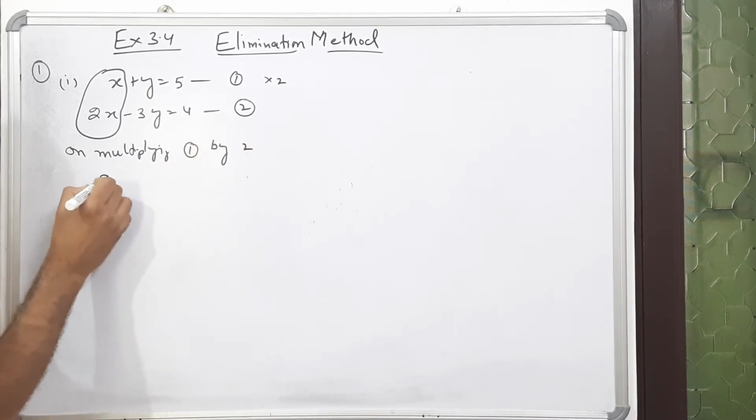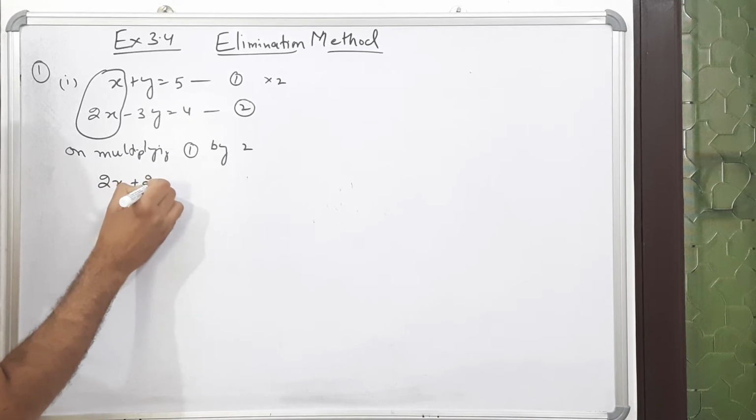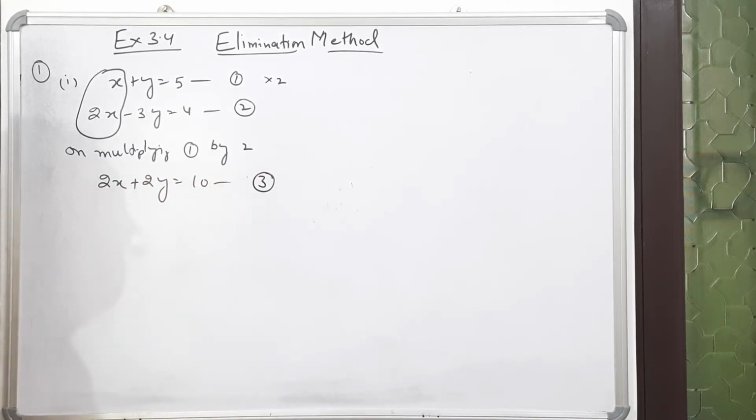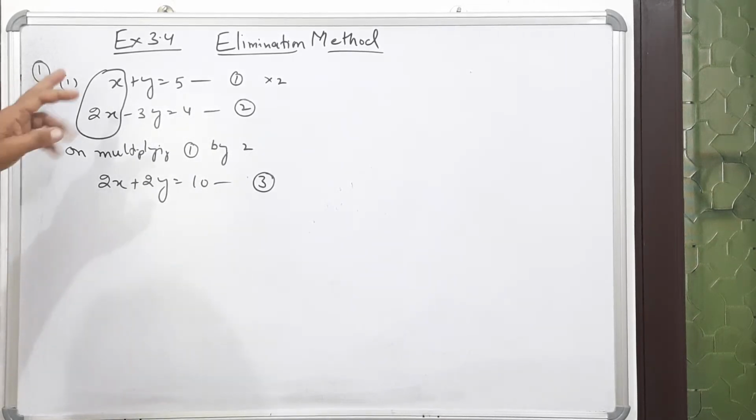When you multiply the first by 2, it is 2x plus 2y equals 10, and we call this equation number 3, which is the refined form of equation number 1.